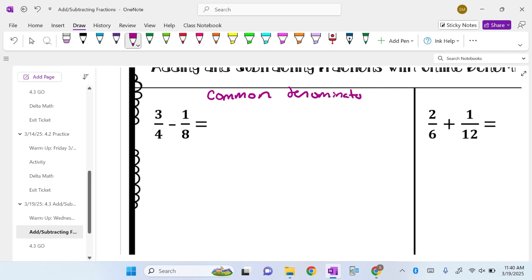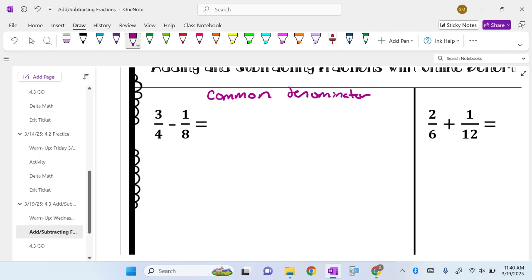All right. So how can I change one or both fractions to have a common denominator? Multiply them. All right. Now, you can do this in several different ways.